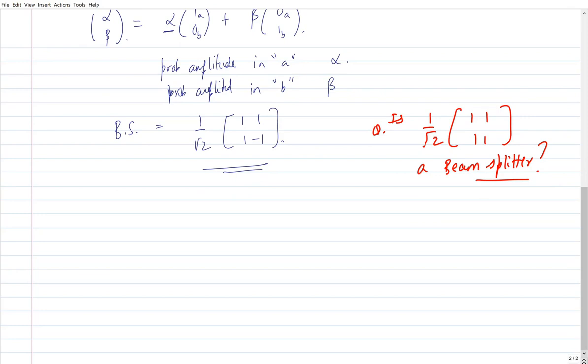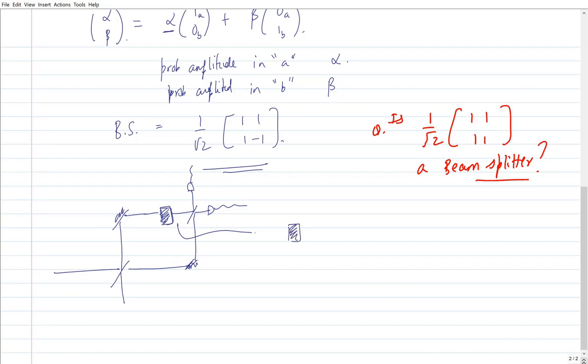And let's say, for example, if I have a phase shifter, like I introduce some glass plate in the path of the photon, this phase shifter is just going to put some sort of a phase relative to port B on this path over here. So we'll see these things in detail, but essentially that's what's happening.